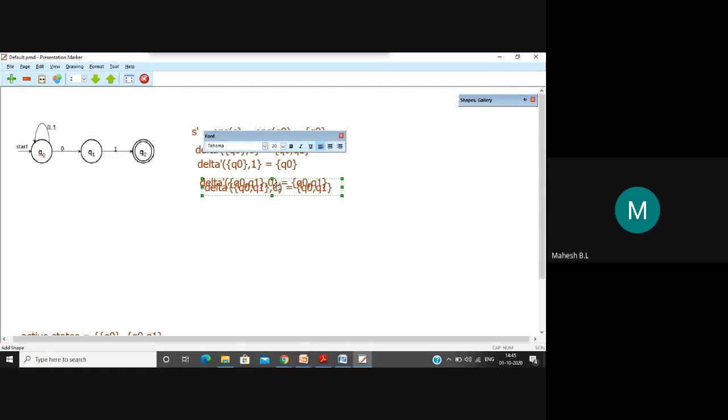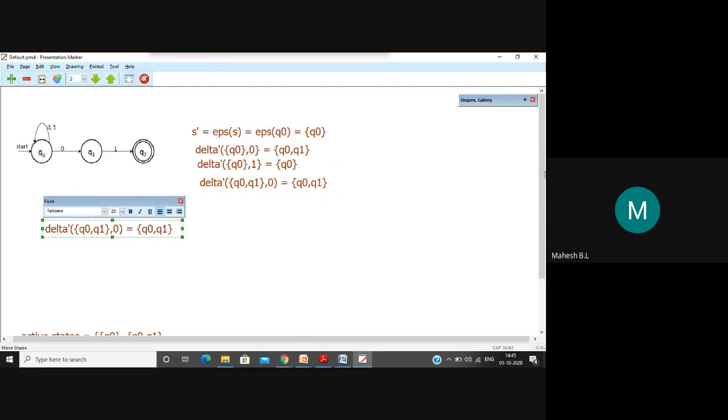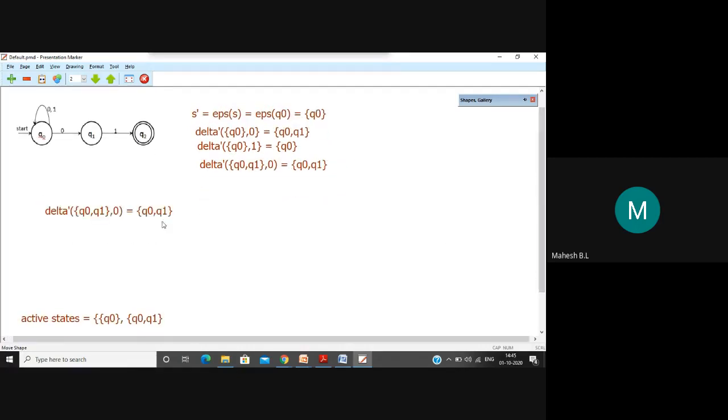Then next we need to compute delta dash of Q naught Q1 on 1. Q naught on 1 is Q naught, Q1 on 1 is Q2. So epsilon of Q naught is Q naught, epsilon of Q2 is Q2.